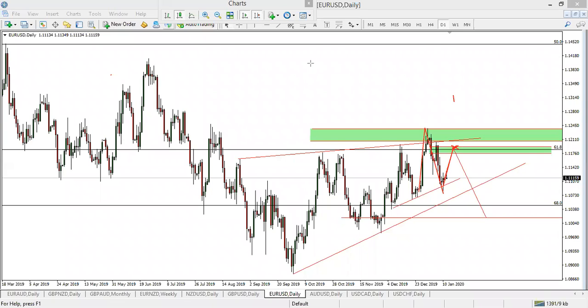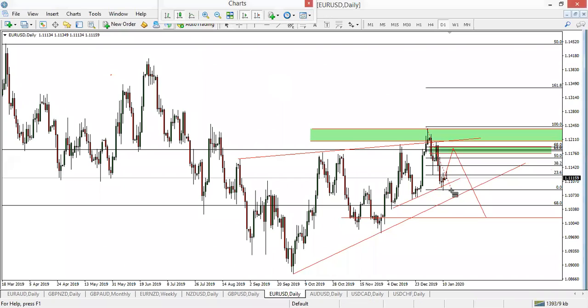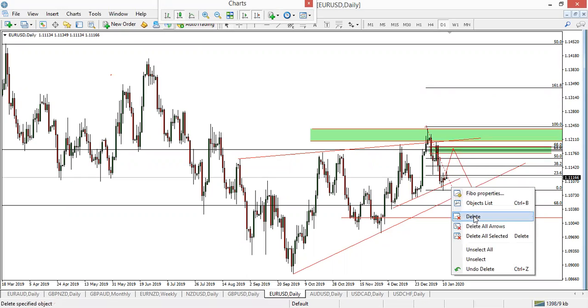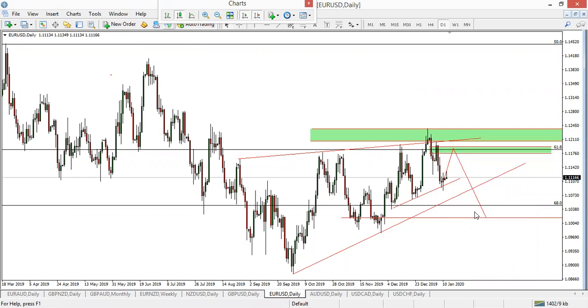So when you take out your Fibonacci retracement level on the daily time frame, you will likely see that where my green zone is more of a 61.8 retracement level.